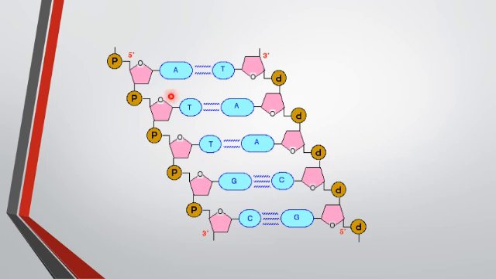One strand of the DNA runs from 5' to 3', and another strand runs from 3' to 5'. They are antiparallel to each other. Double helical, double stranded and antiparallel. A will go with T and G will go with C.